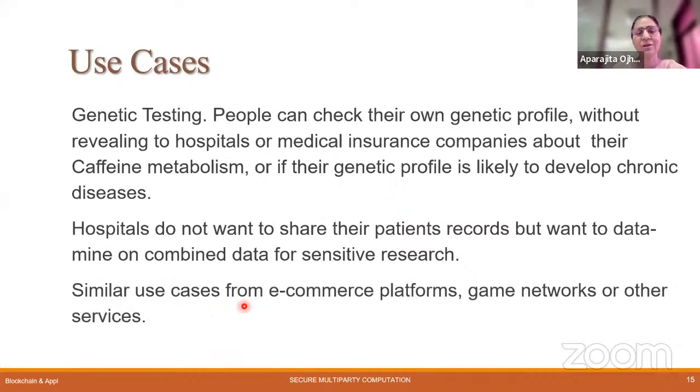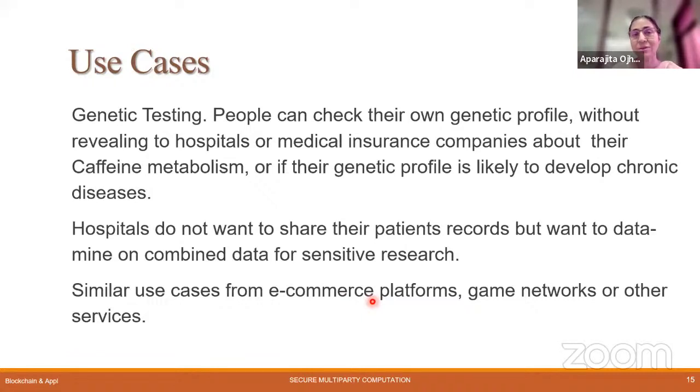There are several use cases, from e-commerce platforms like Amazon and Flipkart. They may be using some data simultaneously, but they would not like to reveal their data, right? Game networks.